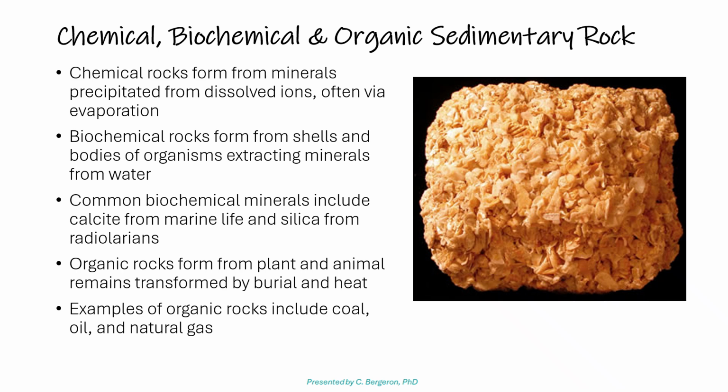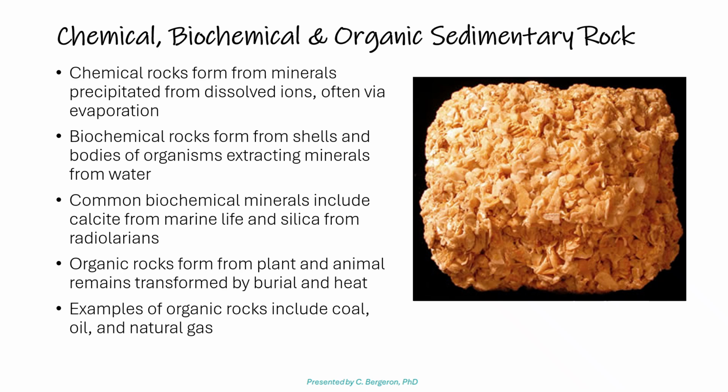I just listed a few of the things that you need in the environment, but sometimes you just need a change in one of those things to facilitate precipitation. Sometimes just a drastic change in temperature can cause things to come out of solution. So it just depends on the environment and what is in there, what ions are available in the solution, and then what is the change that causes that initiation of precipitation out of the solution.